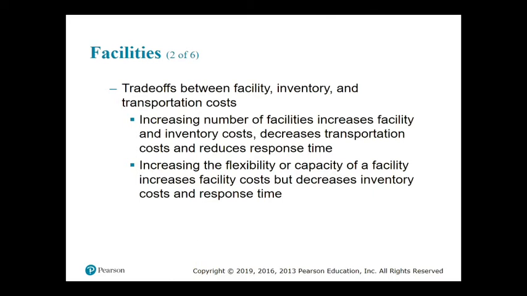Also, if we increase the flexibility, like IKEA does, it uses its store as both a warehouse and a retail store. So I'm making my facility more flexible. So I'm decreasing my inventory cost because customers are coming and buying directly from my store or warehouse. But I increase my facility cost because now I have my employees and so on and so forth. Right.